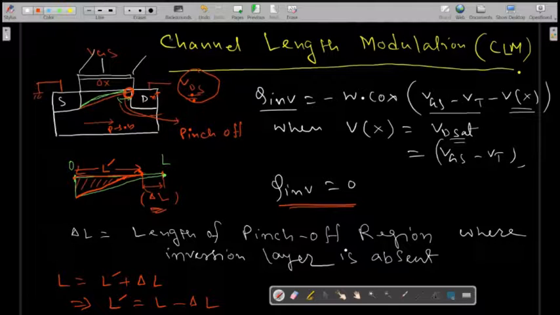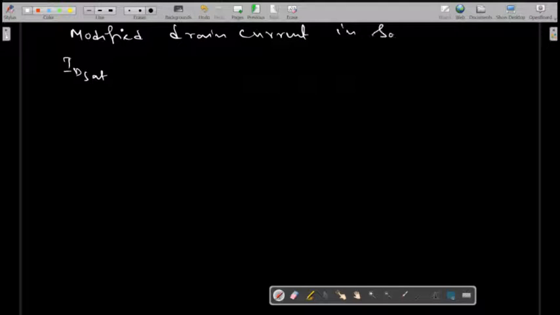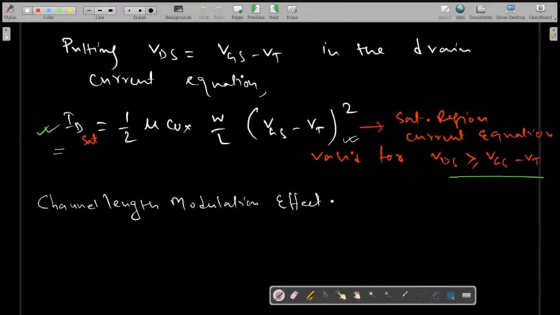So since the channel length is L dash, we can write the modified drain current in the saturation region, ID SAT. Previously our equation was this. Can you tell me what will be the change in this equation?